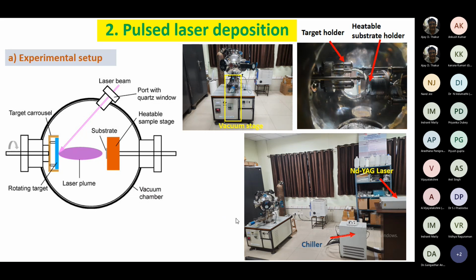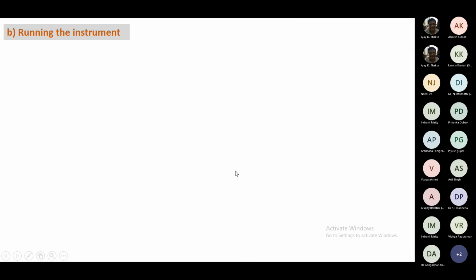After that, I'll discuss the main running of the instrument, which process has to be done step by step. At first, for a vacuum chamber, we must maintain the vacuum inside the chamber all the time. That's why at any stage the chamber will be in vacuum by running the pumps very thoroughly.